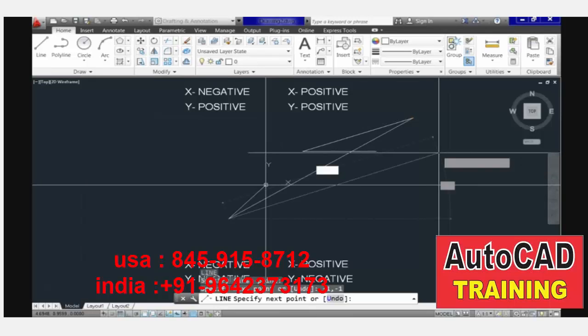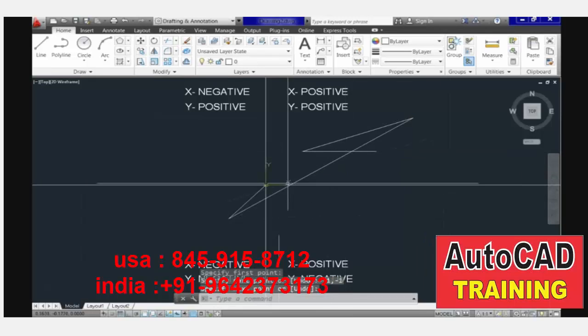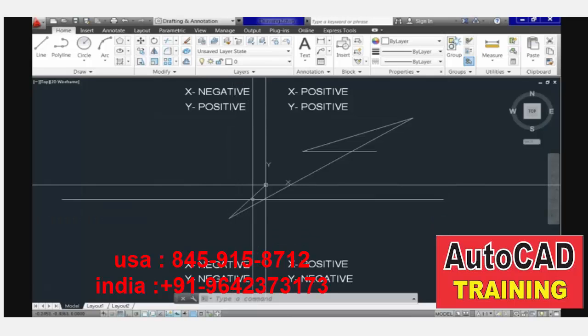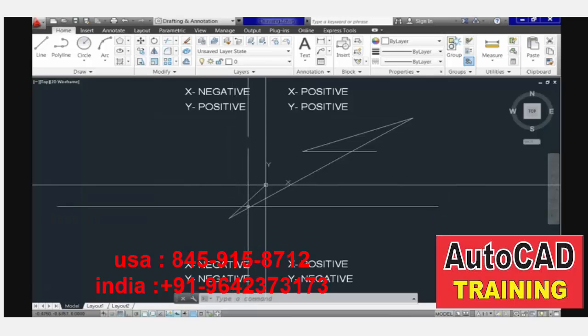So basically, this means that when you're going to use the absolute coordinate entry system, you need to use first the number symbol. Otherwise, after the first point, AutoCAD switches automatically to the relative coordinate system.